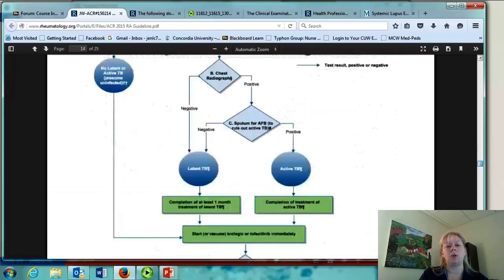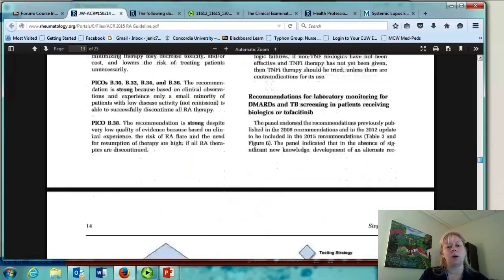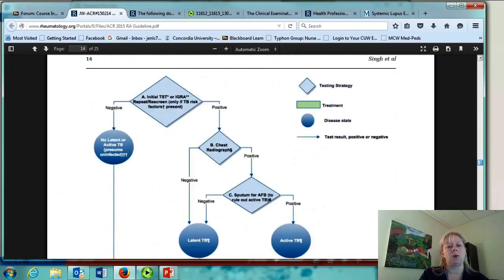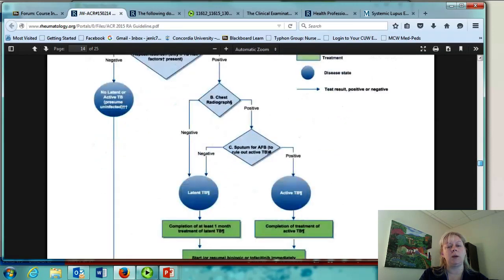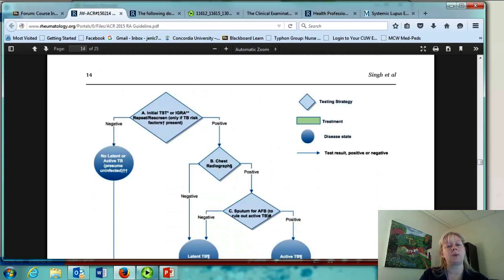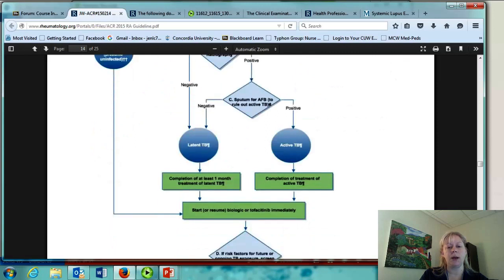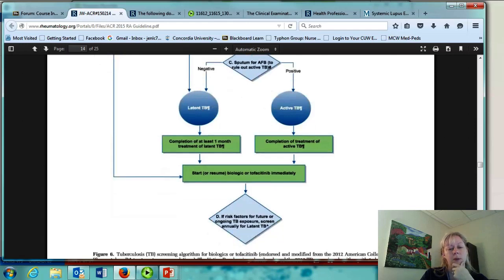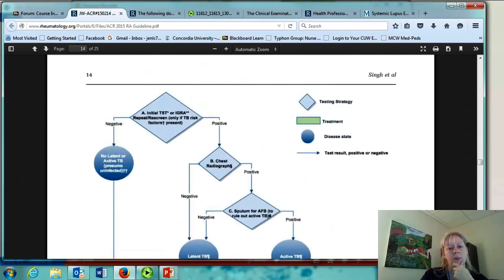So I want you to just go through this on your own. But right here talks about TB. If somebody is having a two-step test, what happens if it's positive versus negative. If it's negative, then you can start the biologic or resume it if somebody had been off it before. But if someone's positive, it'll tell you exactly what to do.